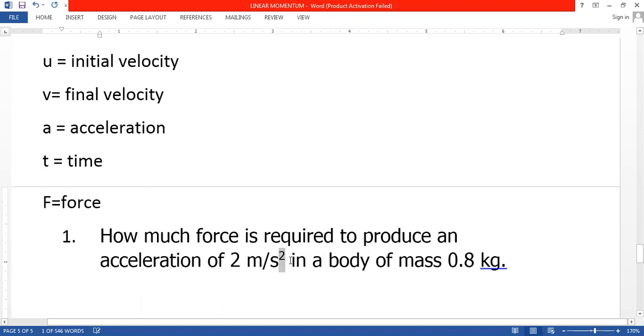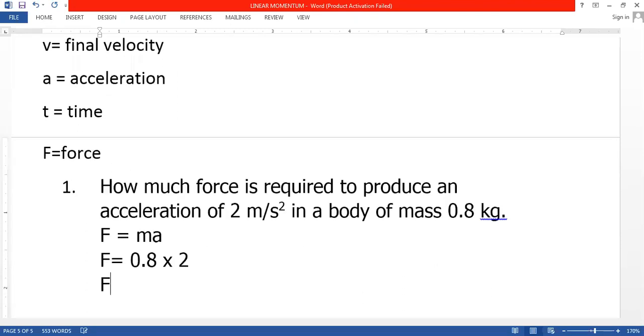F is equal to M into A. Very good, beta. Start solving. Don't call out. How much is the force required? So F is equal to MA. How much is the mass? Mass is 0.8 kg. How much is the acceleration? 2.